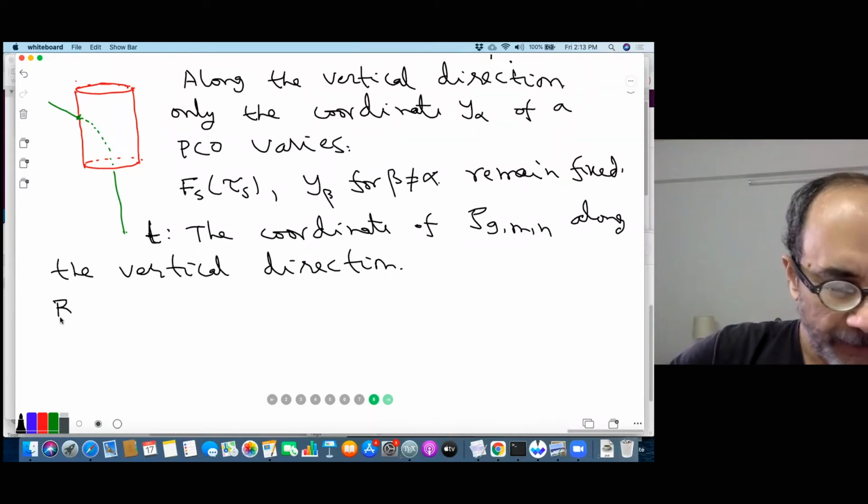So let's first calculate B_t. For every coordinate, there's a B, so let's compute B_t because this is what is to be inserted.